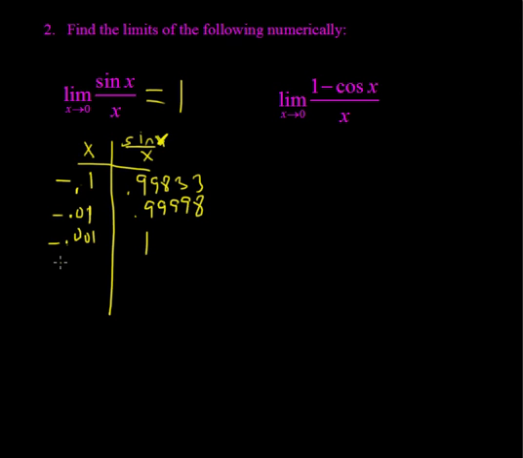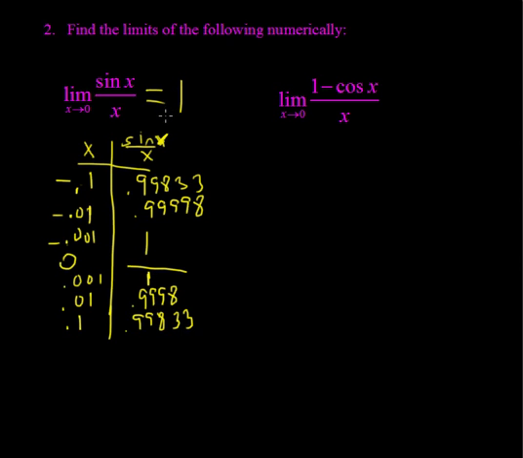And then we had actually 0, which gave us an error, so nothing there. And coming in the other way, we had 0.001, 0.01, and 0.1. And those were basically the same answers as above. So it's 0.99833, 0.9998, and actually 1. Okay, so that's the work to back up this over here.